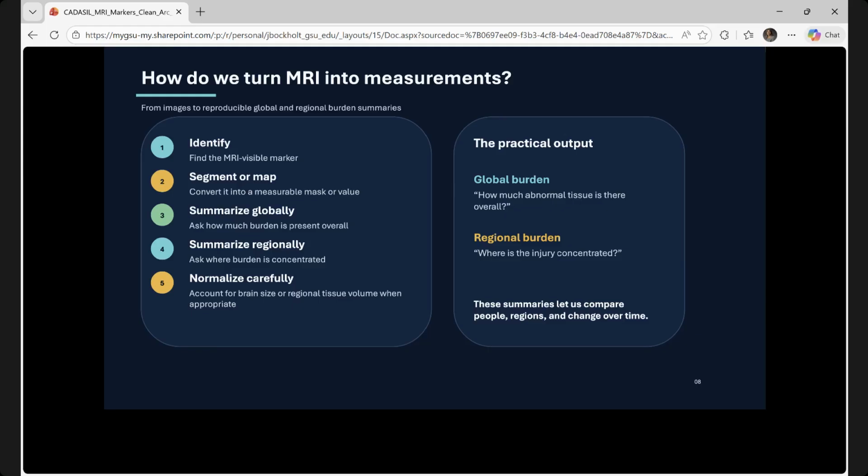They're saying it's either one of these anomalies or it's normal-looking, normal-appearing brain tissue.